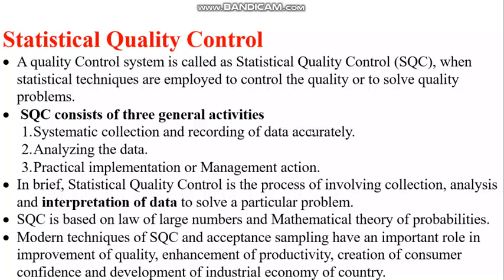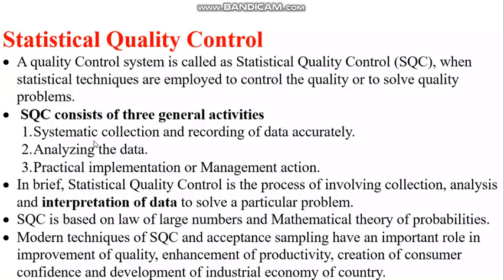SQC, that is statistical quality control, consists of 3 general activities. One is systematic collection of the data and recording of the data accurately. This is the first step. Then the second step is analyzing the data that is so collected, and the third is practical implementation of the conclusion that we have arrived at after analyzing that data, or the management action.